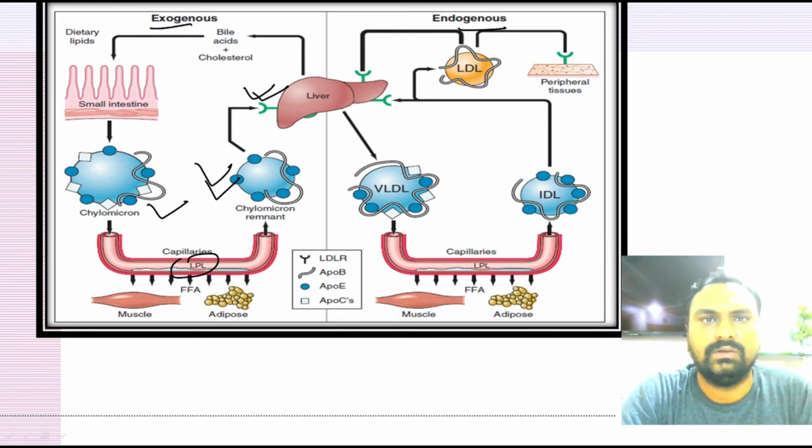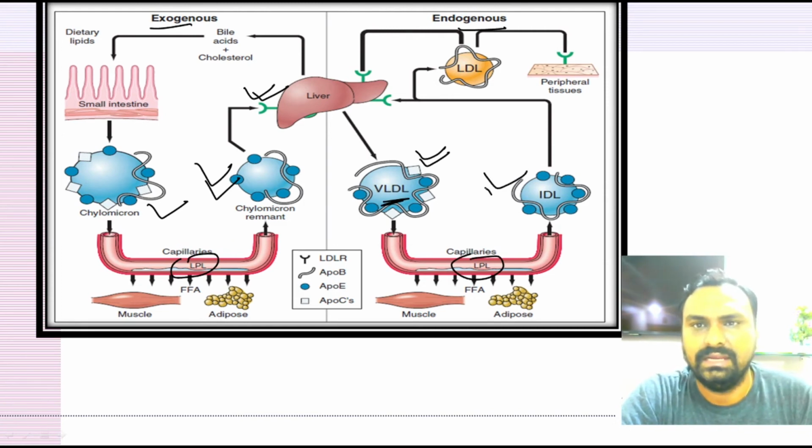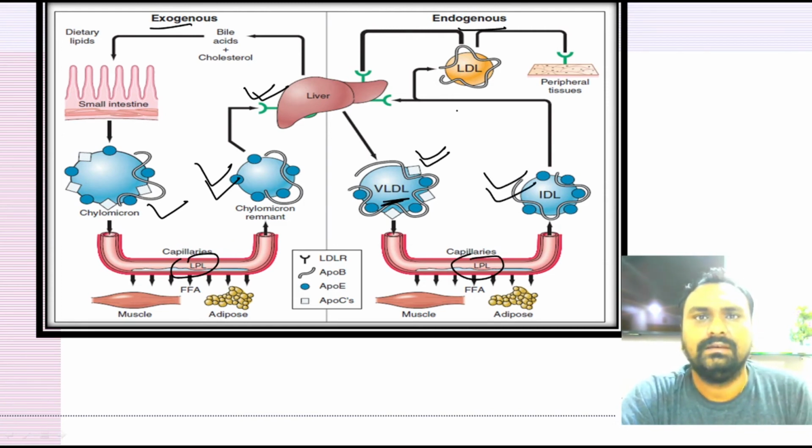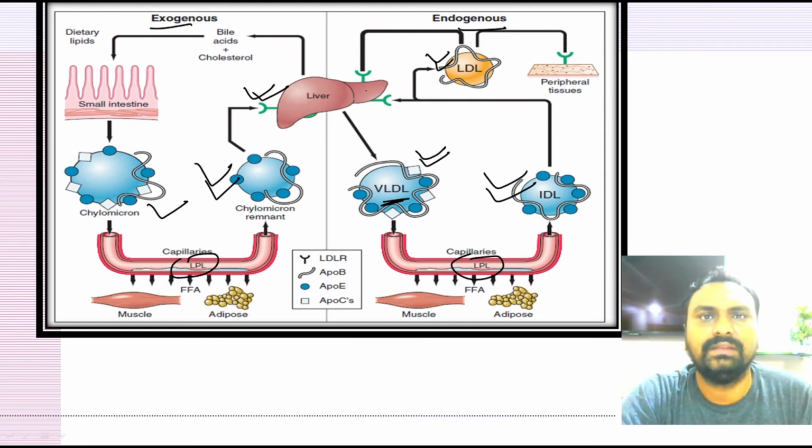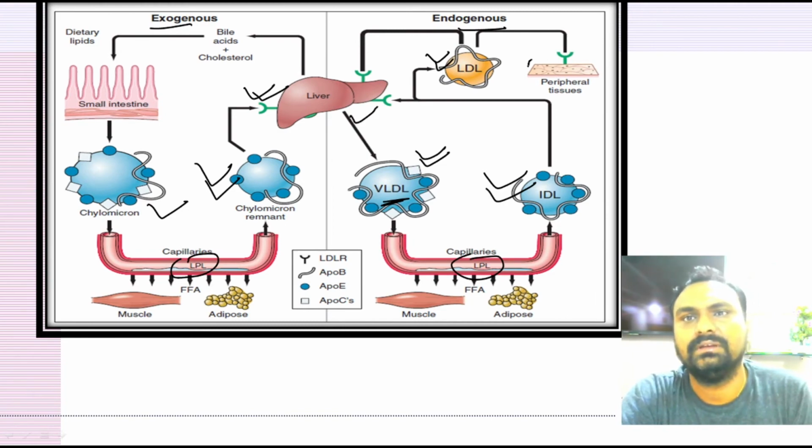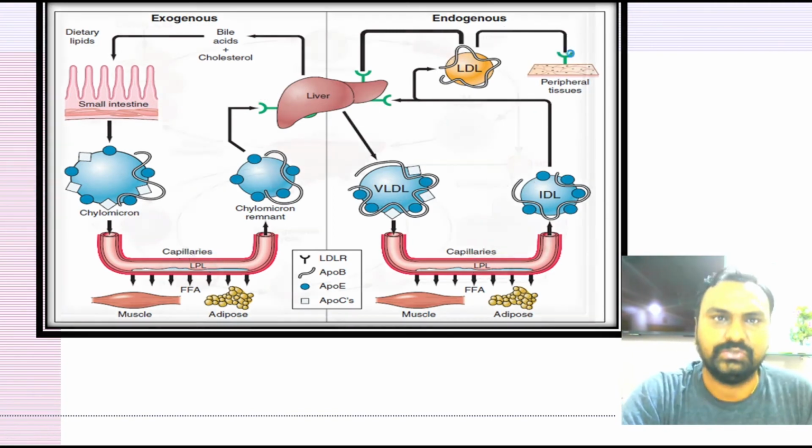While endogenously produced lipids are with the ApoB100, they will form the VLDL, taken up by the capillaries of the peripheral tissue, and lipoprotein lipase will break down the triglyceride, and ultimately IDL is formed. Then 50% of IDL is taken up by the liver, while 50% by the hepatic lipase is converted to LDL. LDL has two fates. 70% will be taken up by the LDL receptor present in the liver, and 30% by the peripheral tissue.